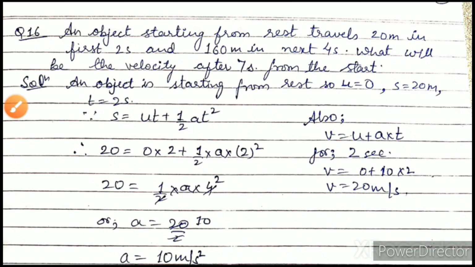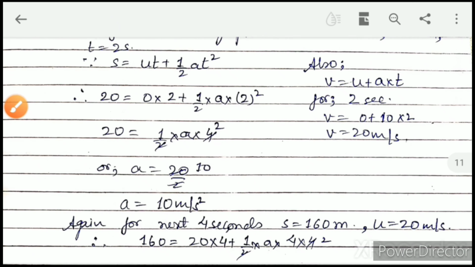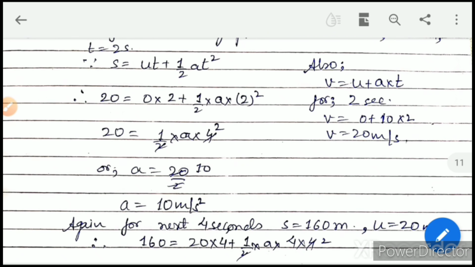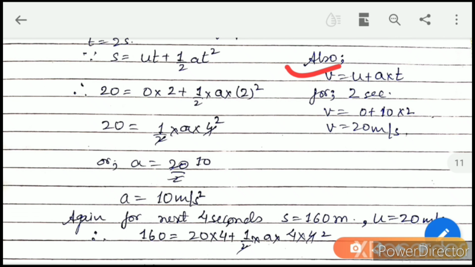Also we will find the velocity. From first equation of motion, v is equal to u plus at. For 2 seconds, this velocity will be 20 meter per second. This is for first 2 seconds.